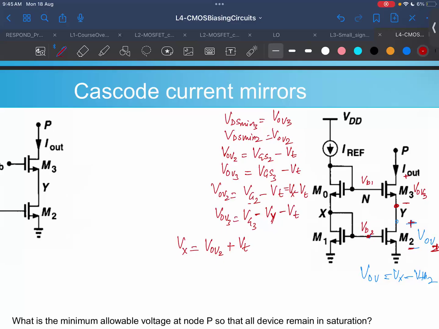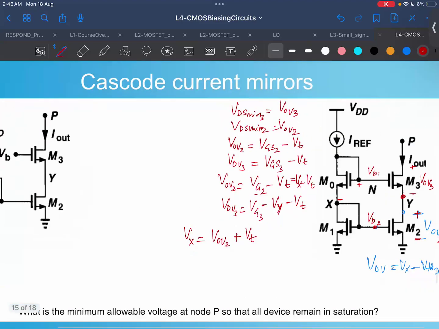Which is this value. Now, if I want this transistor also to be in saturation, it's already in saturation, but the value of this transistor, the same way we can write now, because we are writing the value of Vg, right? This value, VB1. So VB1 would be this minus, this is your VGS, and this minus Vt is your VOV, whatever is the VOV of this transistor, right?